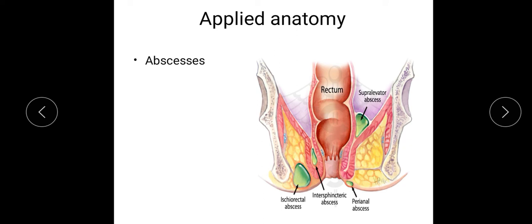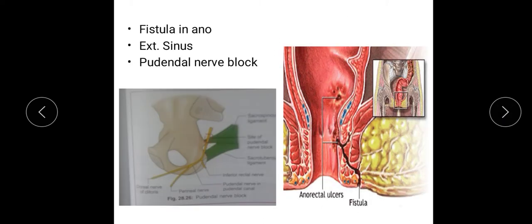Sometimes an abscess may burst into the anal canal or rectum internally, or onto the surface. This is the ischiorectal type of anorectal fistula.